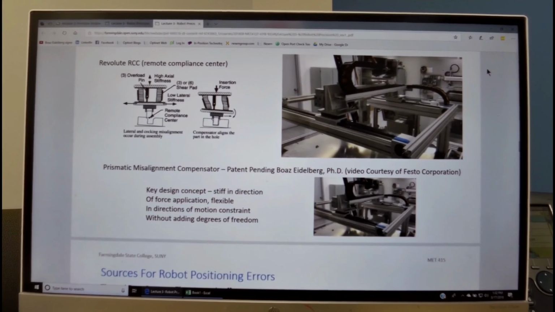The ways to mitigate errors in robots could be in various procedures. One is mechanically.